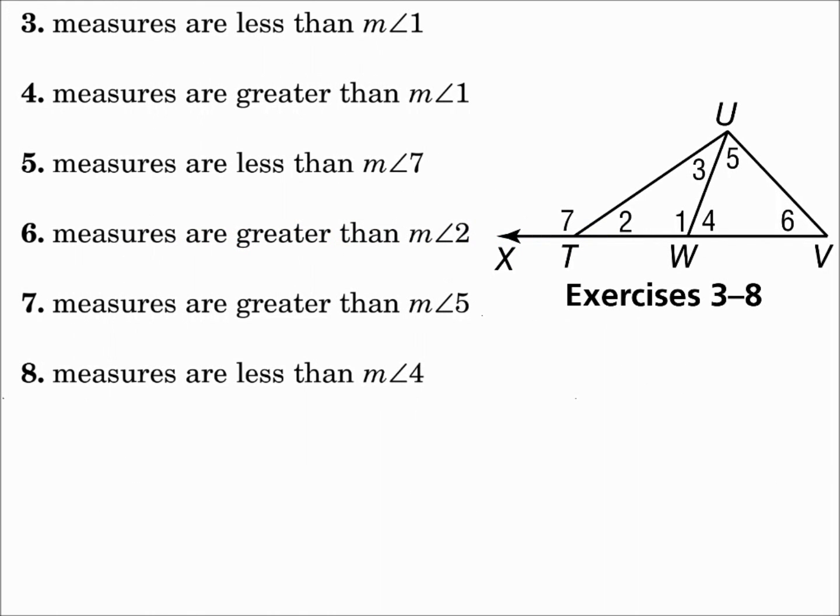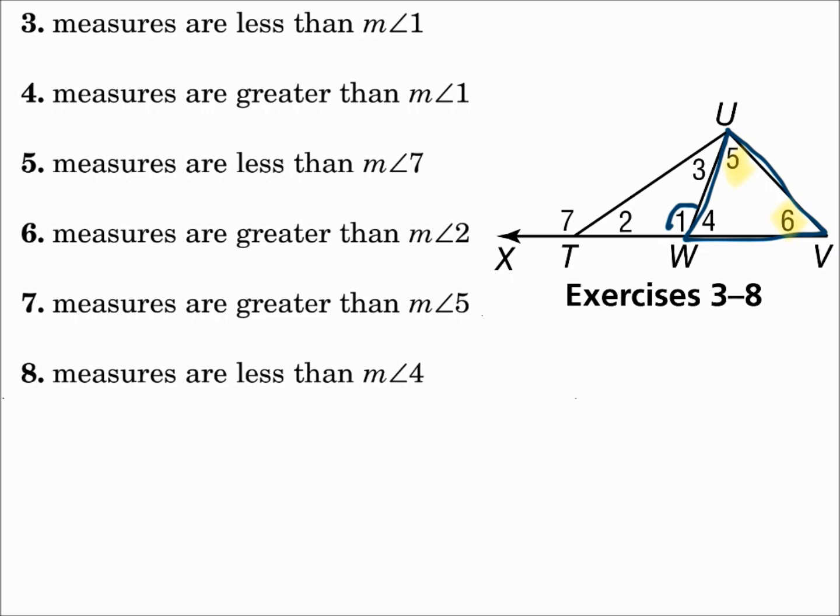For number 3, angles whose measures are less than the measure of angle 1. Well, angle 1 is an exterior angle to that triangle, so it's definitely bigger than the measures of angle 5 and 6, because 5 and 6 are the remote interior angles.